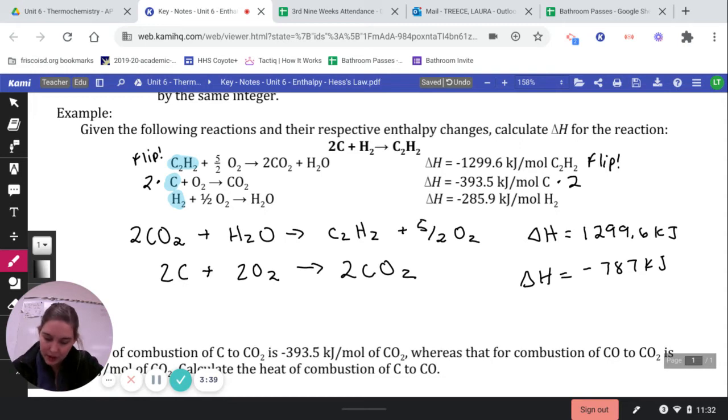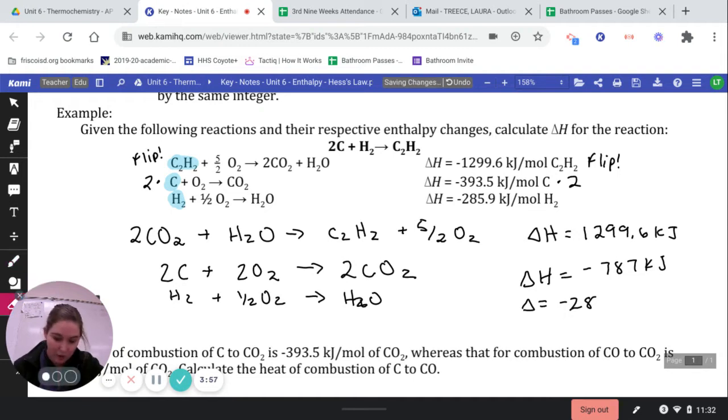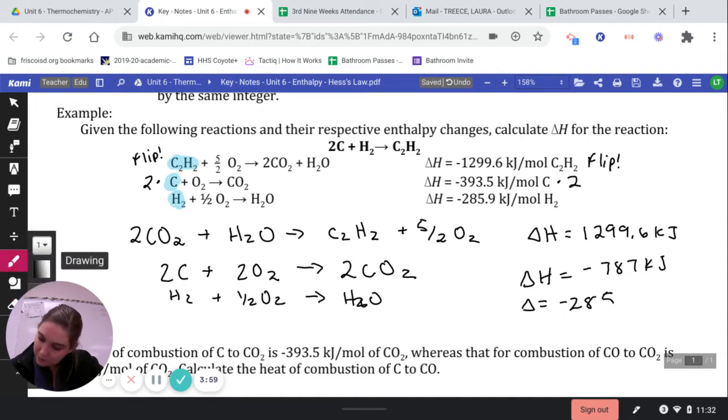And then our last one, we just left it as it was. So we had H2 plus 1/2 O2 yields H2O. All right, and our delta H doesn't change because we left it exactly the same.